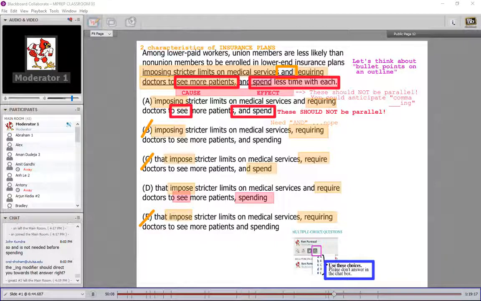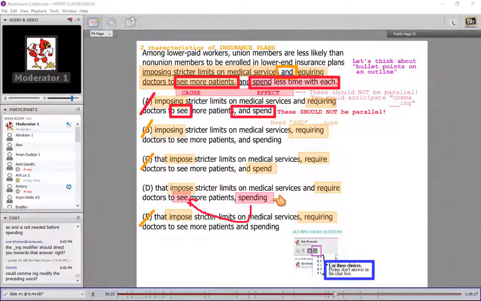Give me a smiley if that makes sense. And notice you can get there by just eliminating A. You can just say, those are parallel, that's wrong. Later, you can go back and study this choice and figure out exactly what's going on. What comma-ing doesn't do is that; that's actually the express purpose of comma-ings. There are lots of other modifiers that do, but this is very specifically a modifier that doesn't just modify the noun in front of it.